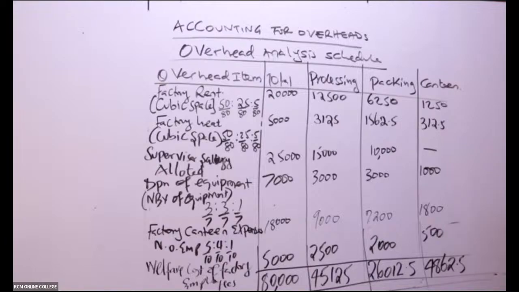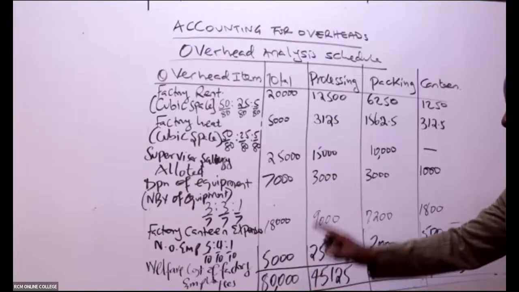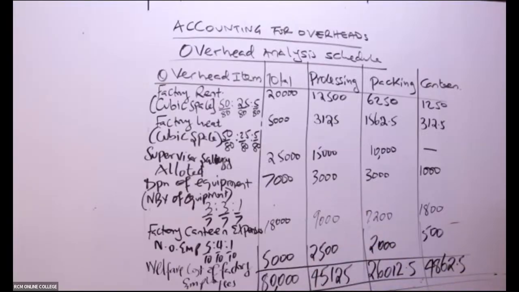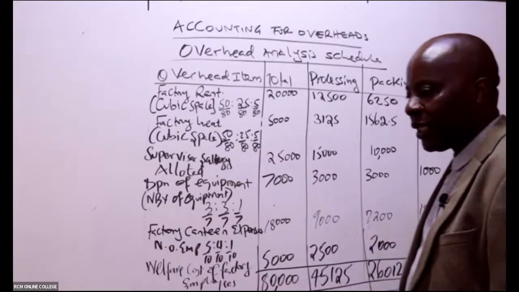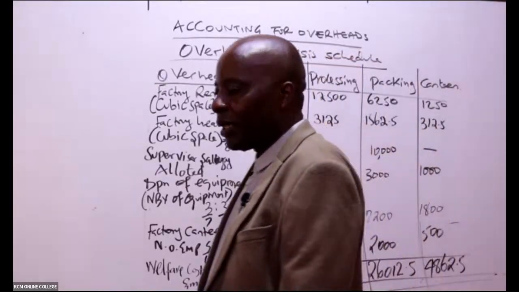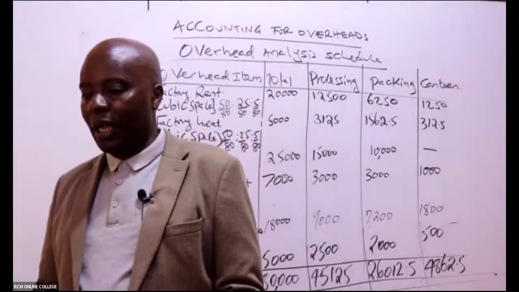Can you kindly confirm that when you take this plus this, you're going to get 80,000? If that is the case, say yes.